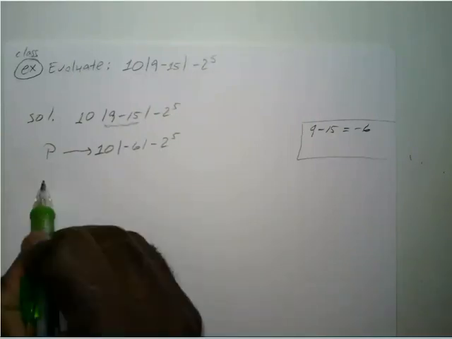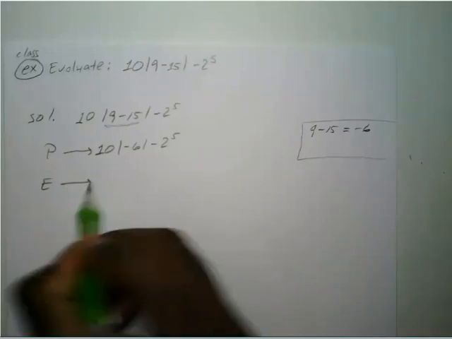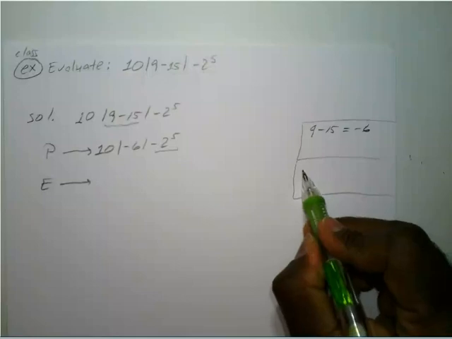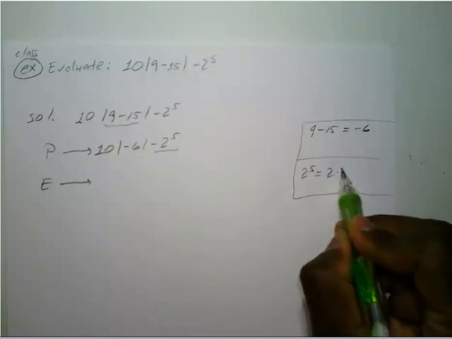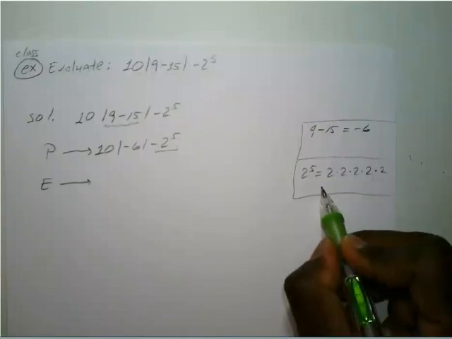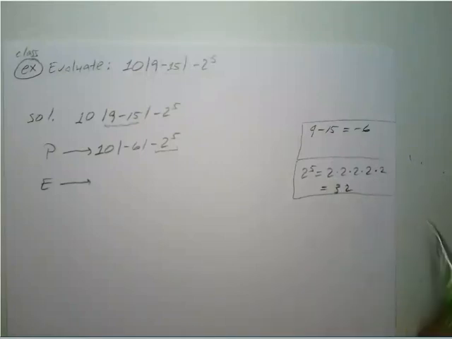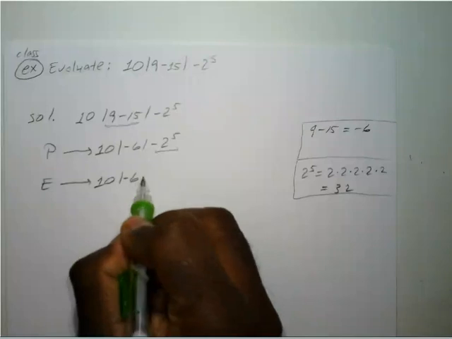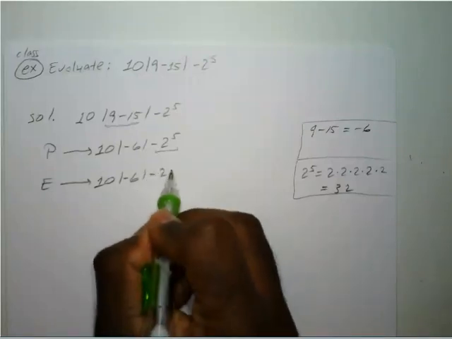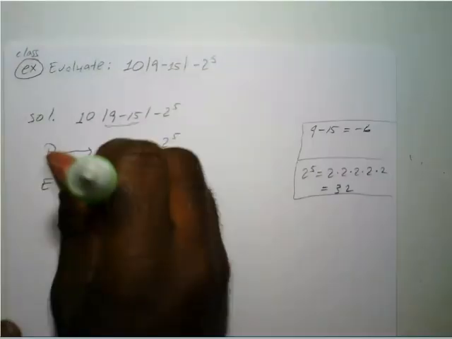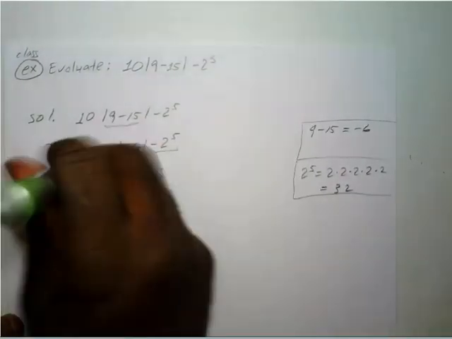All right, so now we go ahead and move on to our exponent. This is the only exponent here. So we have 2 to the 5th power, which is 2 times 2 times 2 times 2 times 2, which is 32. Okay, so we have 10 times the absolute value of negative 6. Well, actually, I should have gone ahead and done that one. So before we do that, we'll leave that over there on the right.